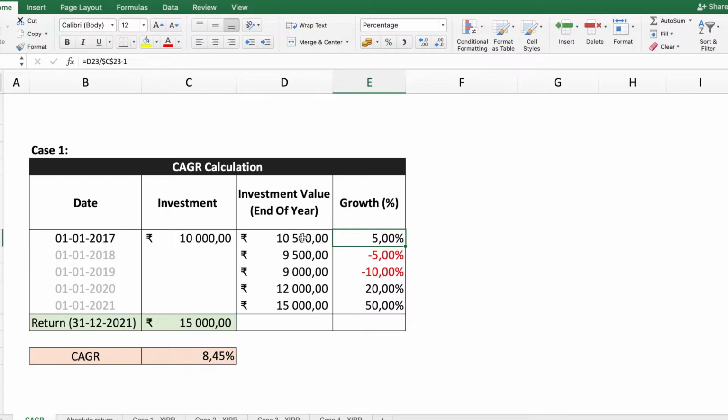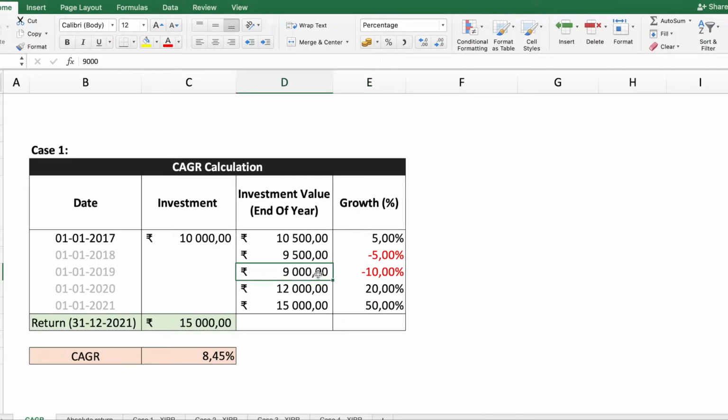So at the end of 2017, your 10,000 has become 10,500. So what is the absolute return? It was 5%. But the next year, at the end of 2018, this value became 9,500. So there was a 5% loss of this investment value. All this calculation is based on this 10,000 value.